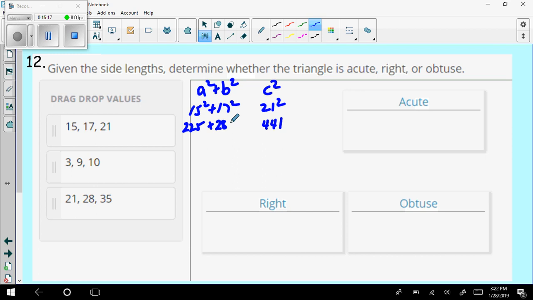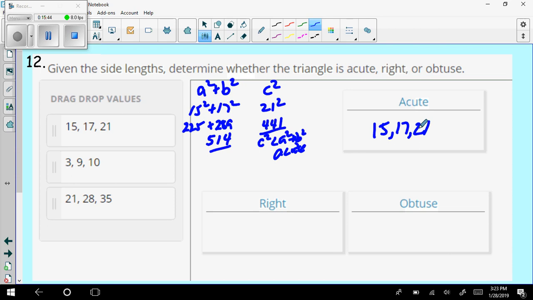This is 289. If we add those, we get 514, I think. Now c squared is less than a squared plus b squared. 441 is smaller than 514, so that means this one's acute. And so we would write 15, 17, 21 here.